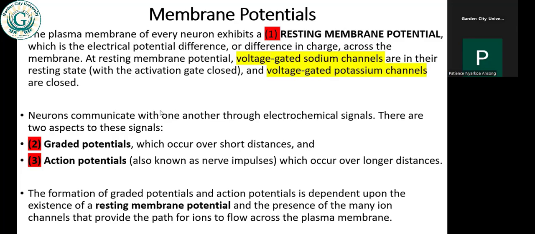Now, neurons communicate with one another through electrochemical signals, and these signals are of two types: the graded potential and the action potential. Graded potential occurs over a short distance, and normally it happens along the dendrites and then the cell body. Then we have the action potential, which is the actual transmission of signal along the axon of the neuron.